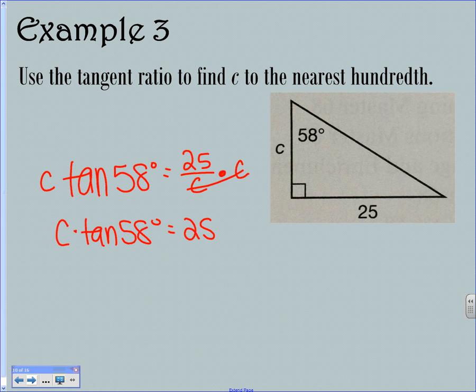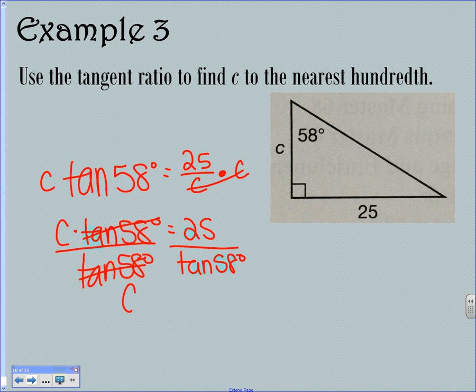Now how do I solve for C? Divide by tangent of 58. So now we're going to plug it into our calculator.